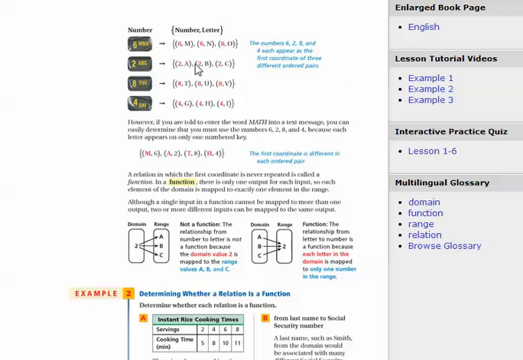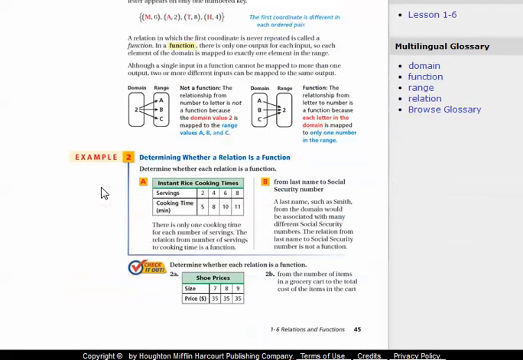Now, a function is a particular kind of relation. It's very important that you understand a function is like a subset of a relation. There are specific rules: in a function there is only one output for each input.